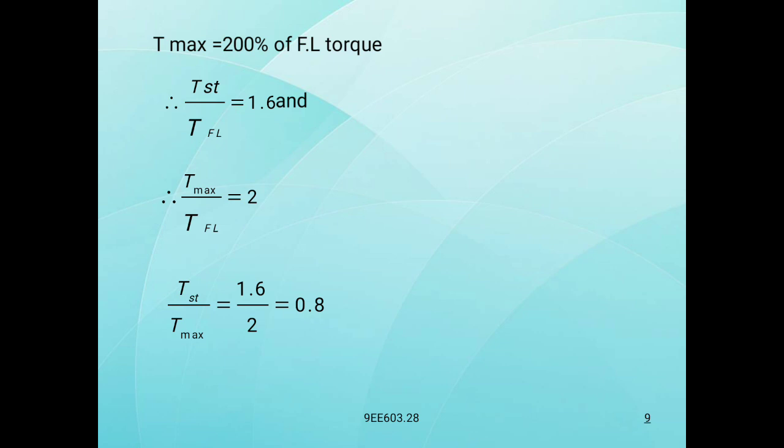Here TST by T maximum is 1.6 by 2, that is equal to 0.8.